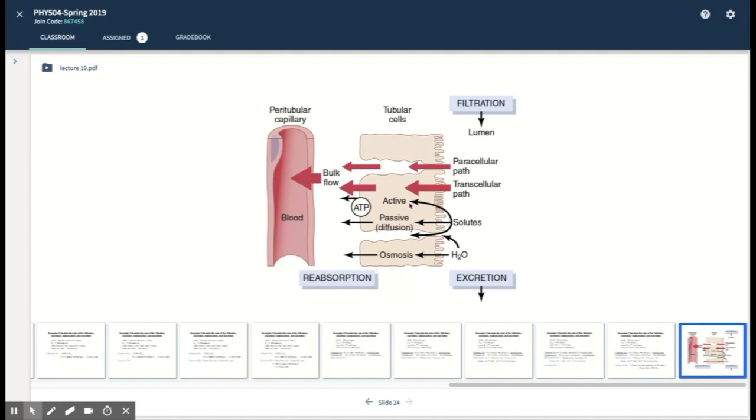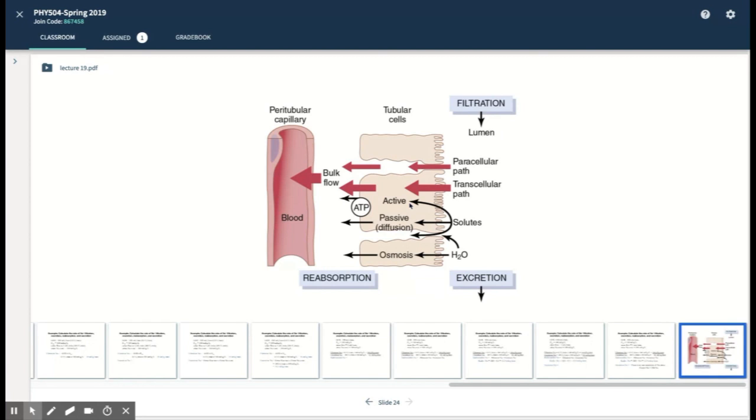Transcellular means that it's going through the cell. If it's going through the cell, it has to cross two membranes, right? It has to get into one membrane, pass through the interior of the cell, and then get out the other membrane in order to pass completely through to the other side.